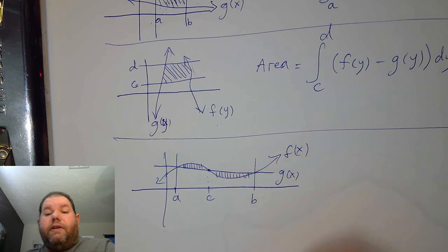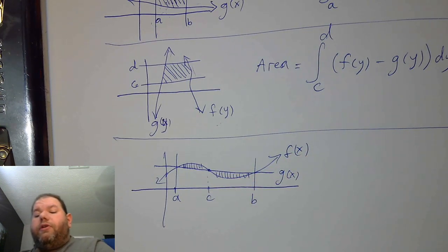We can identify that as c, where the two functions intersect and they actually cross.